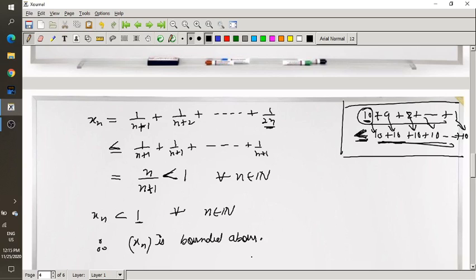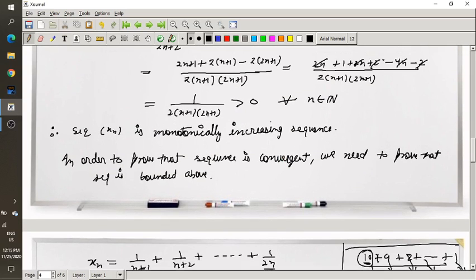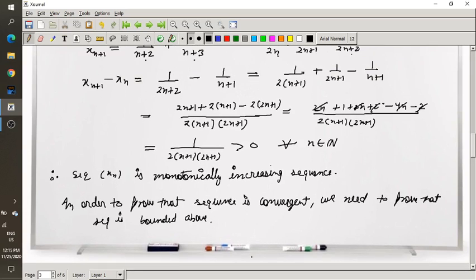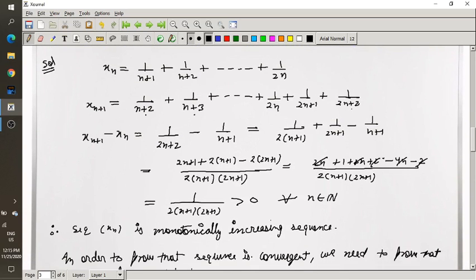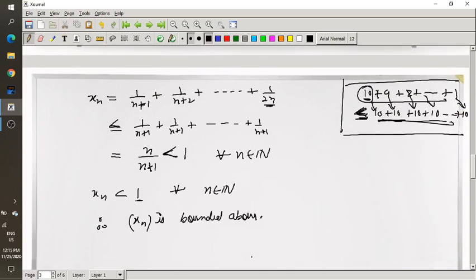See, we are using just the definitions of all the basic concepts. What is bounded above, what is a convergent sequence, what is a monotonically increasing sequence. So here first we proved that it is monotonically increasing, and next we proved that it is bounded above.